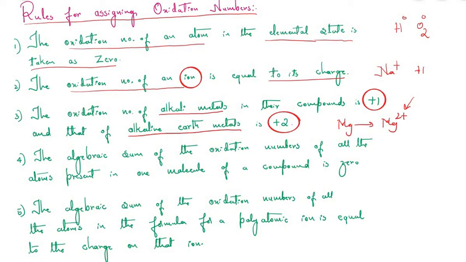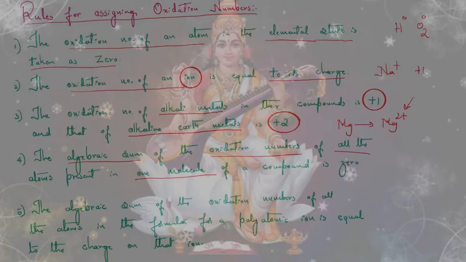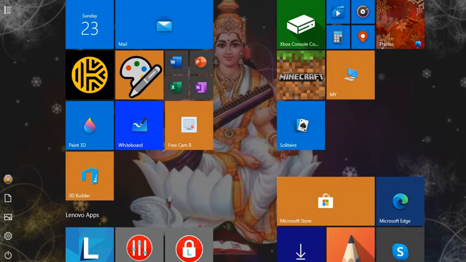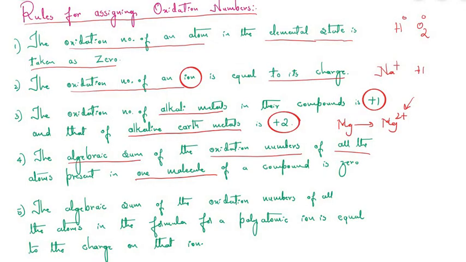Right? And the fourth one, which is very important, is that the algebraic sum of the oxidation numbers of all the atoms present in a molecule of a compound is always taken as 0, right?